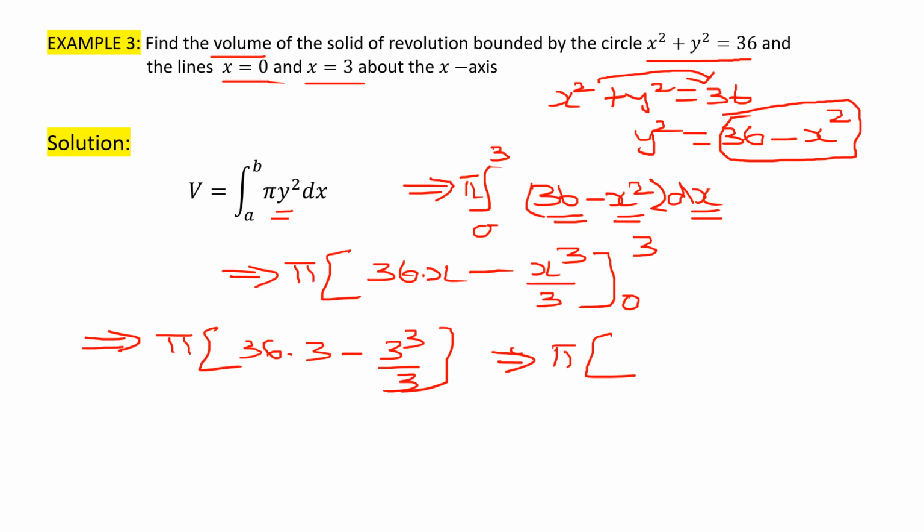So that will give you 108. If I move to the second term, we have 3 to the power 3. In the down there is a 3, so the 3 will get cancelled. So we have 3 power 2. So that will give you 9. Now 108 minus 9, that will give you 99. So the answer is 99 pi cubic units.